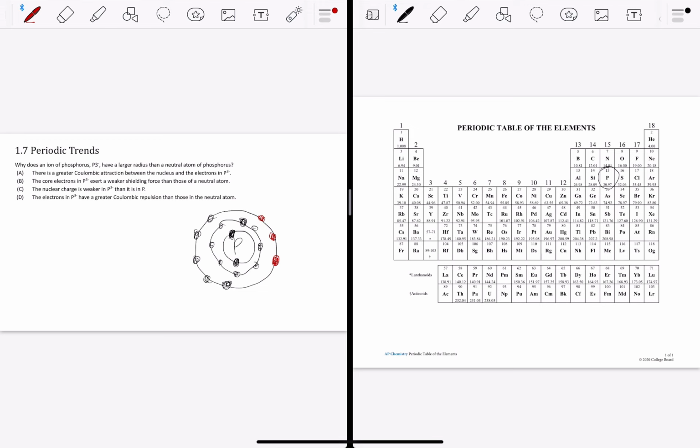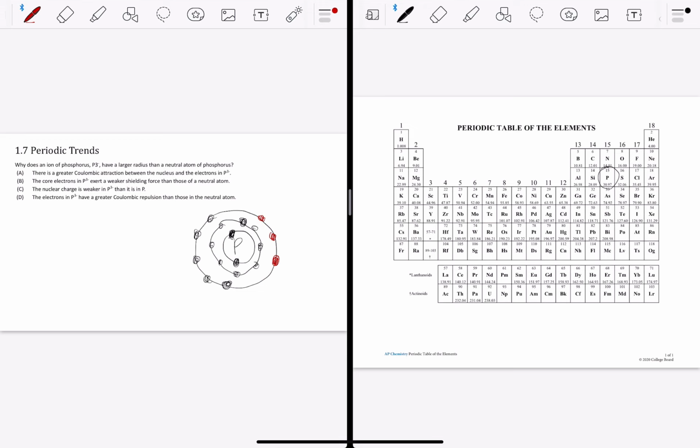And since the phosphorus ion has 3 more electrons, it's going to have more repulsion force than attractive force. And that means the electrons are going to push one another, creating a bigger radius.